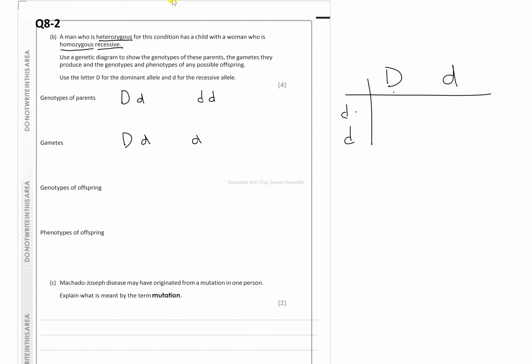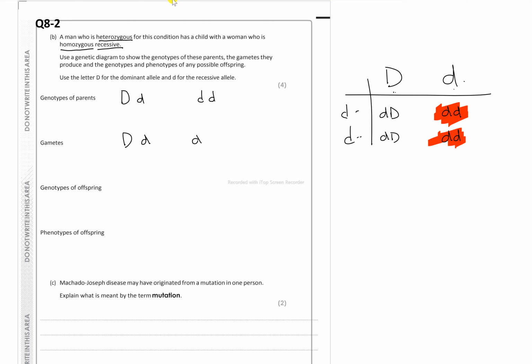So D gives you D, gives you D, gives you D. So you're going to end up, it's recessive. You get the condition if you've got these two small d's because it's recessive.